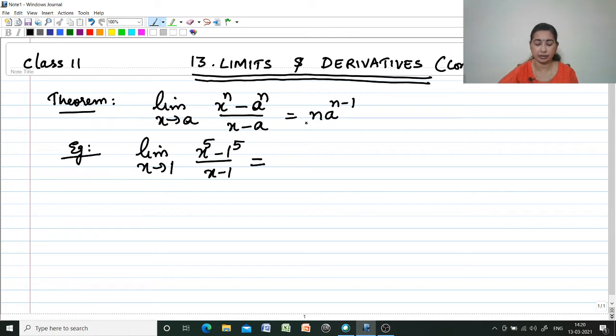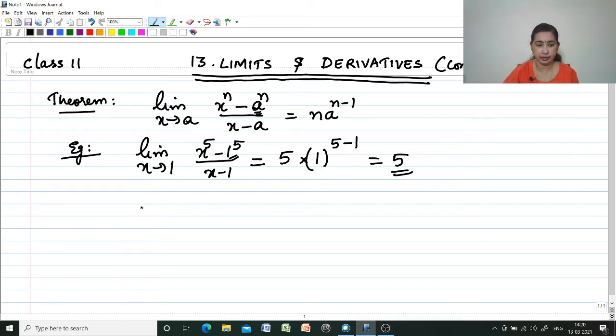This can be written as n a raised to n minus 1, where n is 5 here. Compare these two results: n is equal to 5, instead of a it is 1, so 1 raised to n minus 1, n is 5, so 5 minus 1, and that is equal to 5.